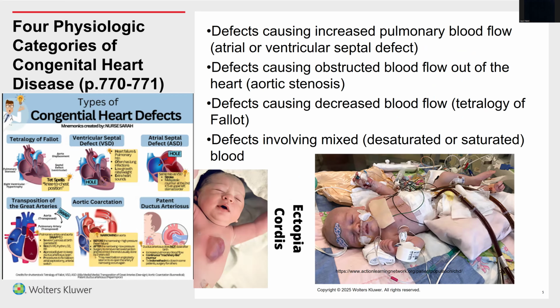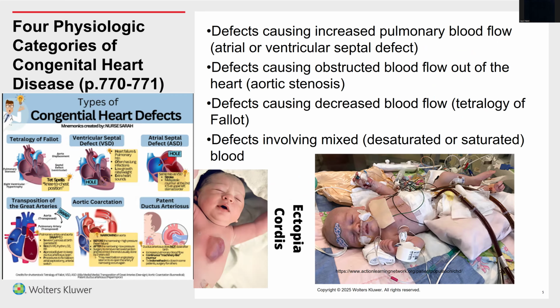So, 4 physiologic categories of congenital heart disease that you need to be aware of include defects causing increased pulmonary blood flow. So that could be an atrial or ventricular septal defect. So with an ASD or atrial septal defect, that would be like a hole in between the atria.